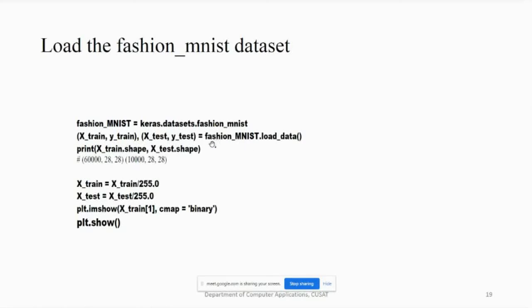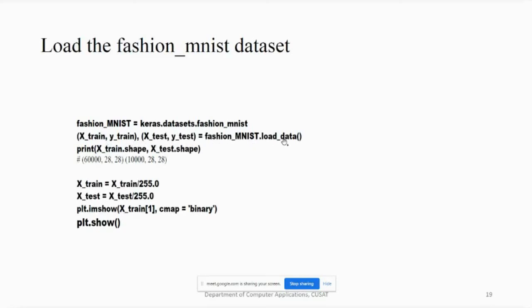For that, we can make use of a dedicated method, and that method can be accessed with the help of this particular object, that is fashion_mnist.load_data. So with the help of this load_data, we can create the training data, that is X_train, Y_train, and test data, that is X_test, Y_test.